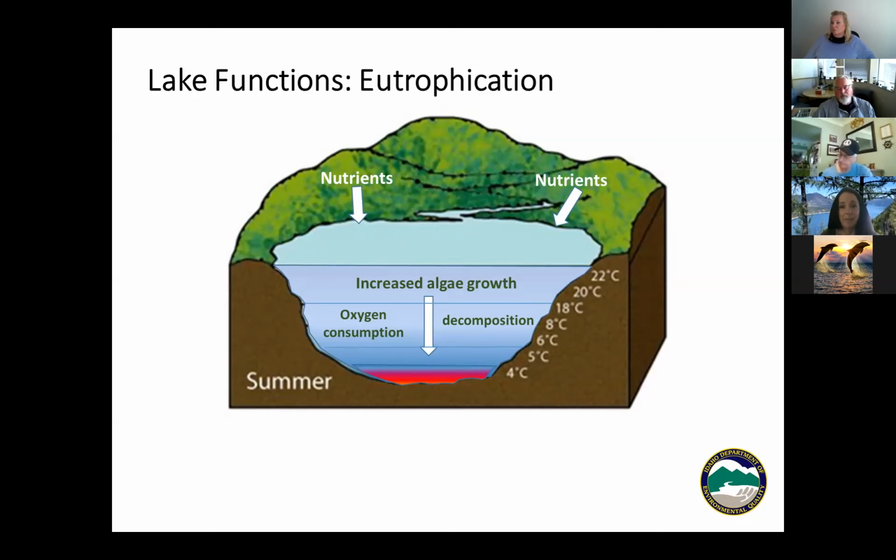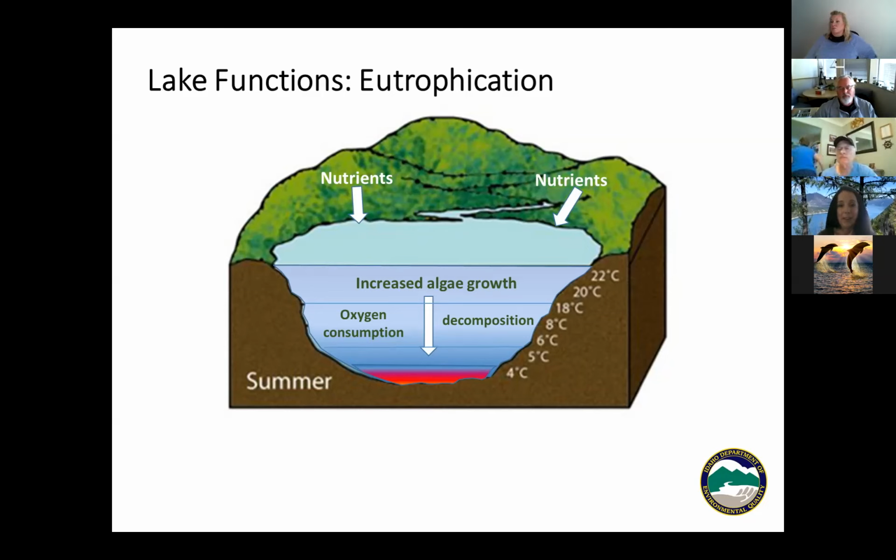And then as that algae or plants die, they're decomposed by bacteria, and those bacteria need oxygen for this decomposition process. And so as the algae and plants are decomposed, oxygen is consumed.